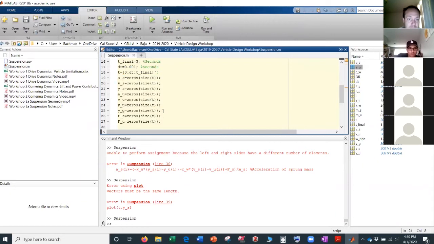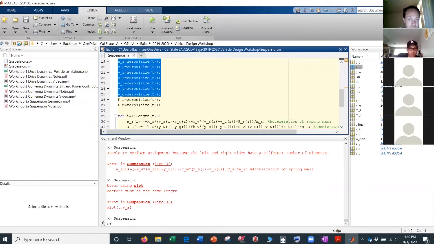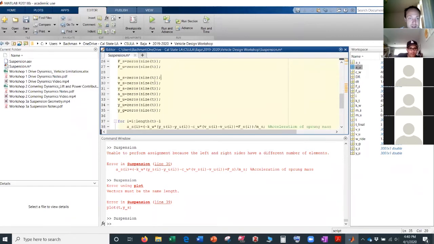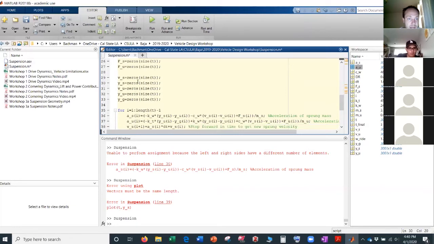A few of these we might want to provide initial conditions for. We'll never give it an initial acceleration probably, but we might give it initial velocities. So this is the first.